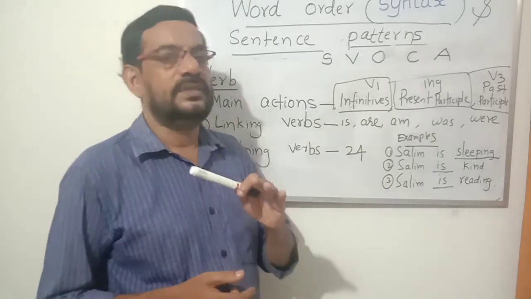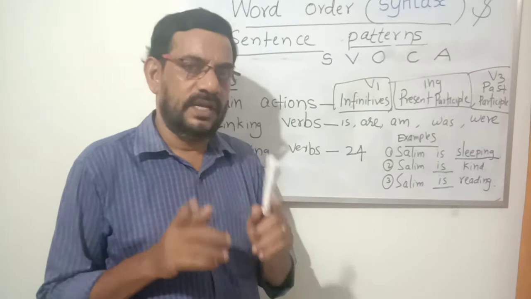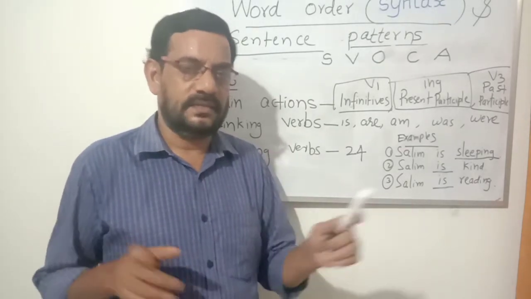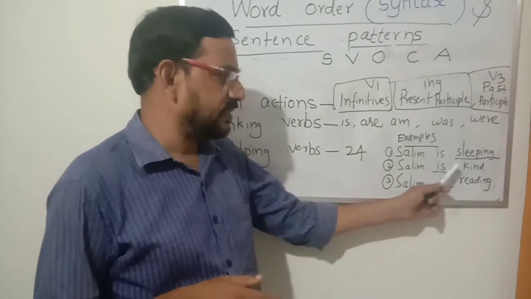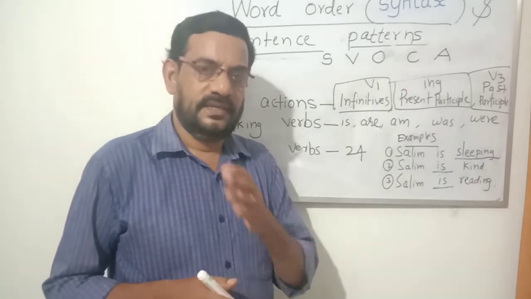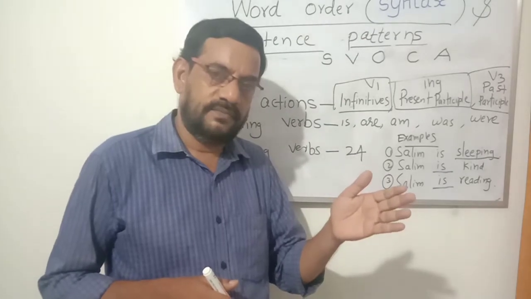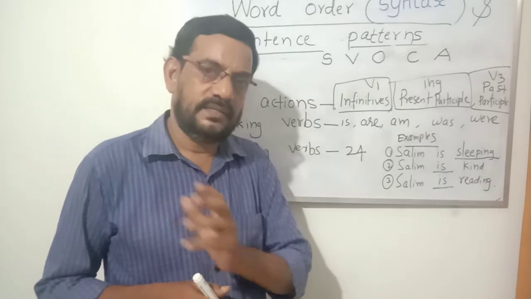Now we come to the second type, that is linking verbs. Some verbs are used only to link, not to show any action, only to link words. For example, subject and subject complement can be linked. For example, Salim is kind. Salim is a subject. Kind is used to modify Salim or to complement Salim.